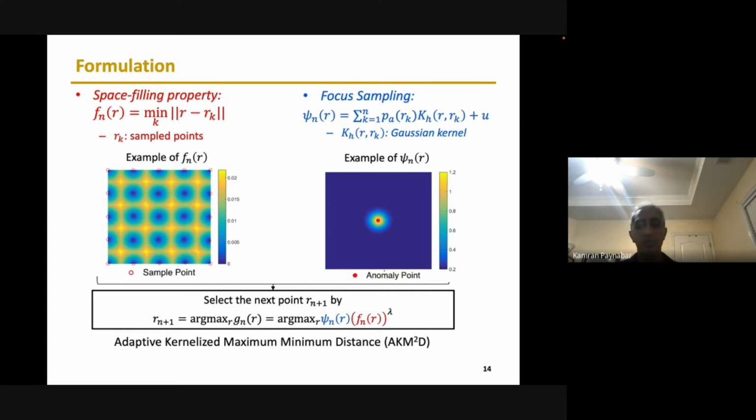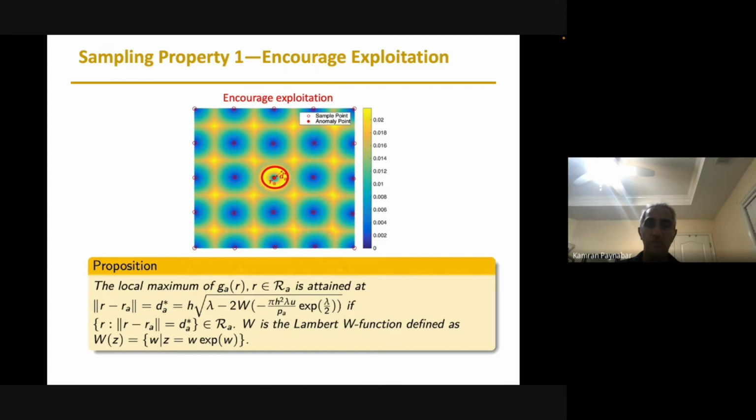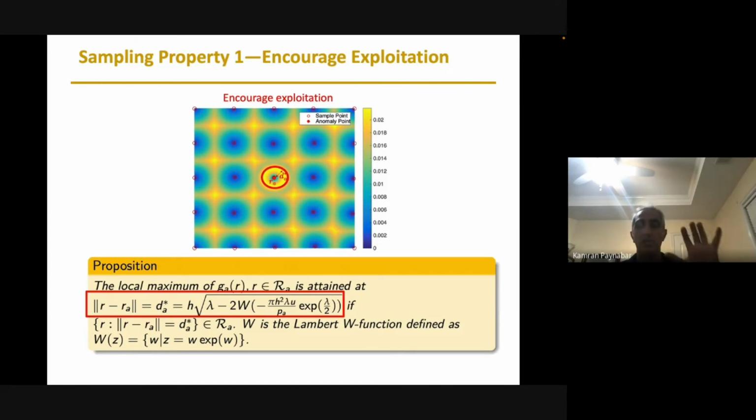So there are some theoretical properties. I'm not gonna basically focus on that. Basically, the take-home message for these theoretical properties is, so two things. The first one is guaranteeing there is no anomaly missing, okay?